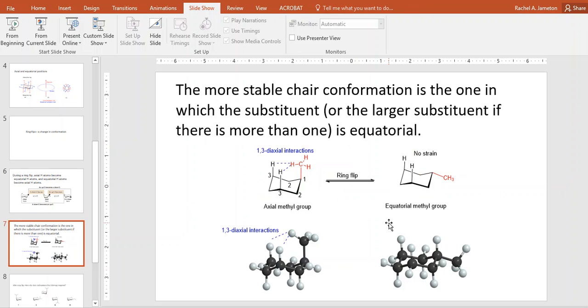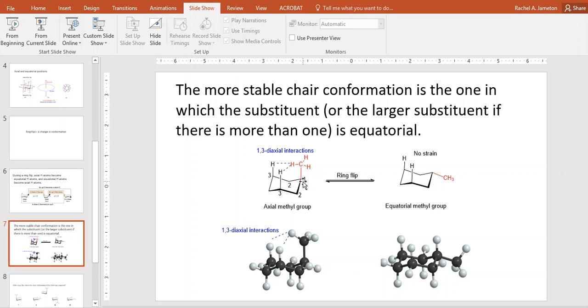So if you think about conformation, if you have a substituent on your cyclohexane, then in one conformation it's going to be in the axial position, and if you do a ring flip, it will be in the equatorial conformation. The question is, which one of these is more stable? In general, the larger substituent or the single substituent will be equatorial, to get it away from the two hydrogens that are 1, 2, 3 carbons away.